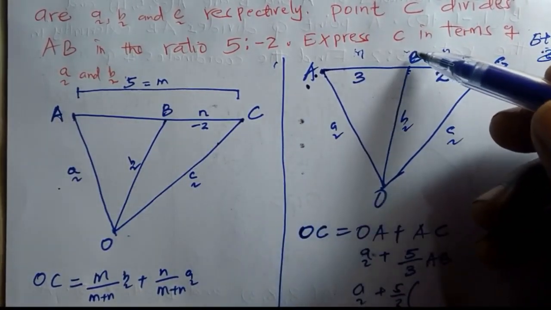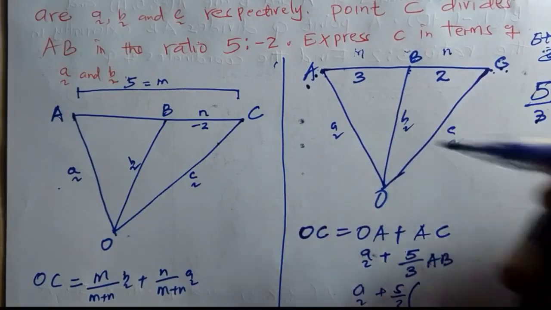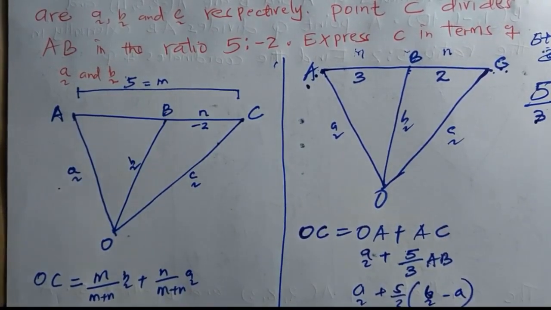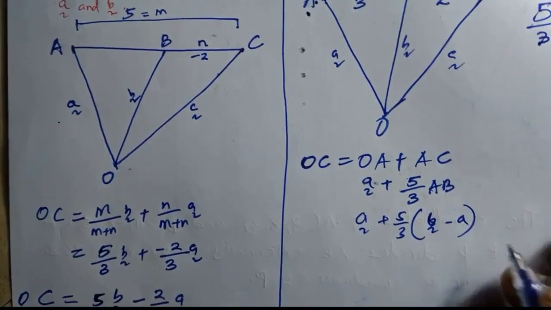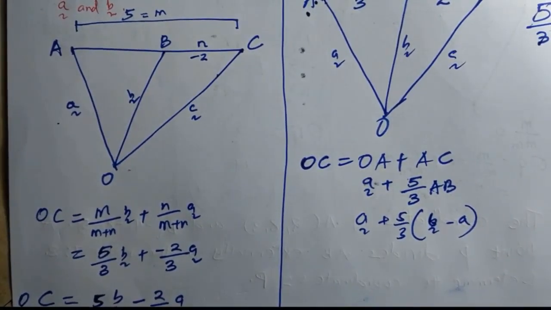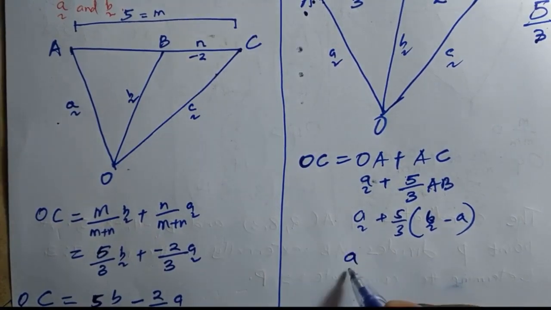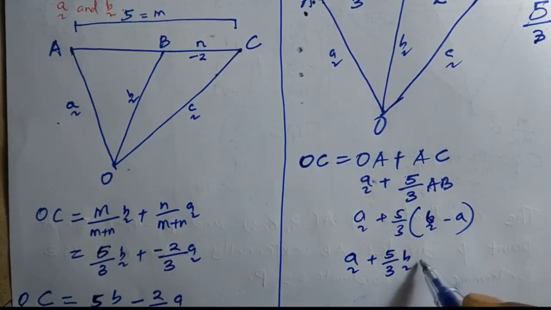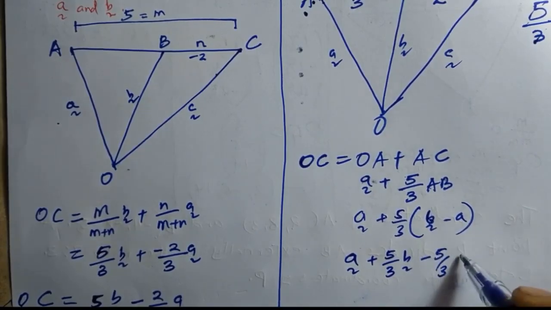AB is equal to AO plus OB, which is B minus A. B minus A. So A plus 5 over 3B minus 5 over 3A.